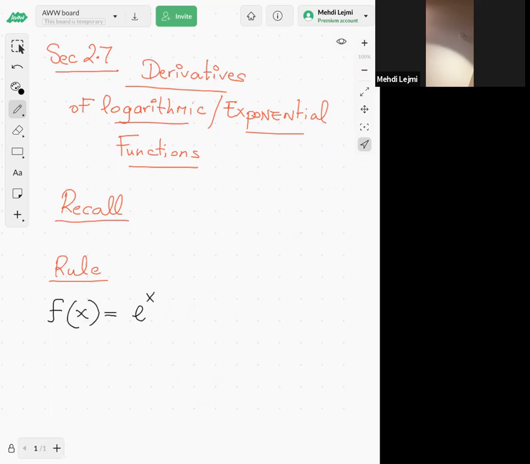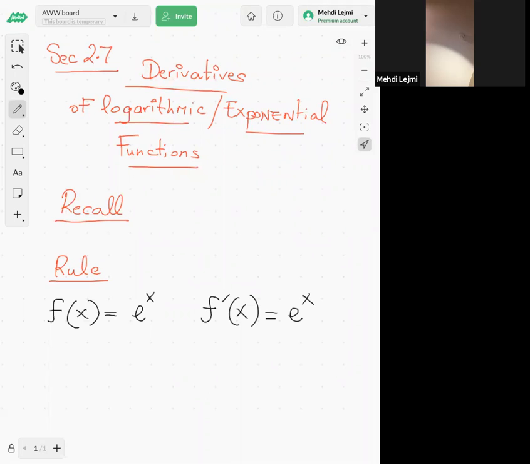Last week we said that the derivative f prime of x is equal to the same function, e to the x. This is very specific to the exponential of x.